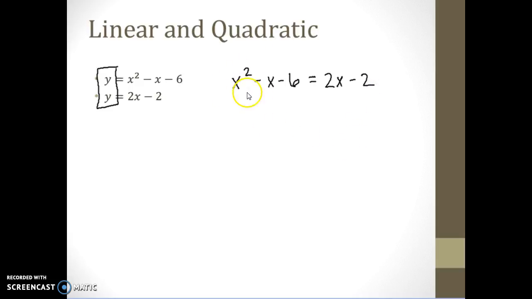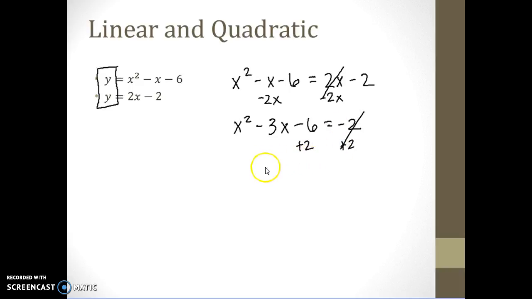This is a quadratic, so I got to set it equal to 0. So I'm going to subtract 2x. So I get x squared minus 3x minus 6 equals negative 2. And I'm going to add 2 to both sides, cancel out the negative 2. So we get x squared minus 3x minus 4 equals 0.